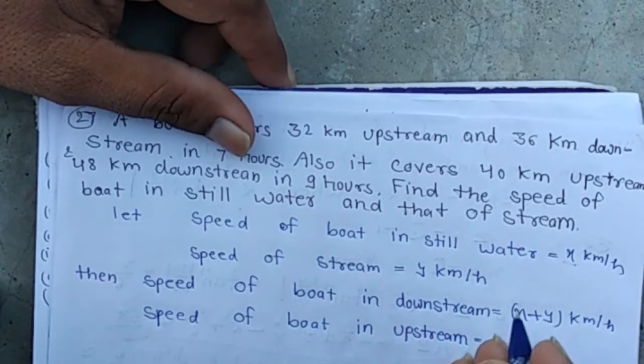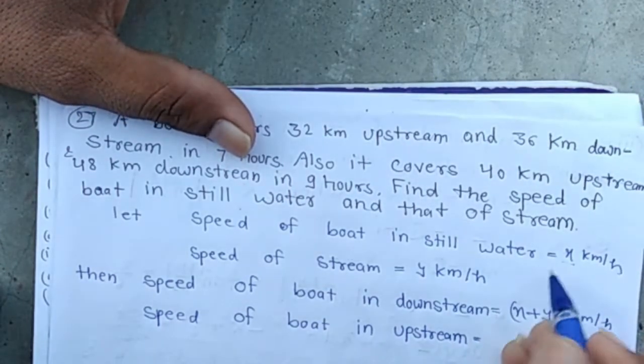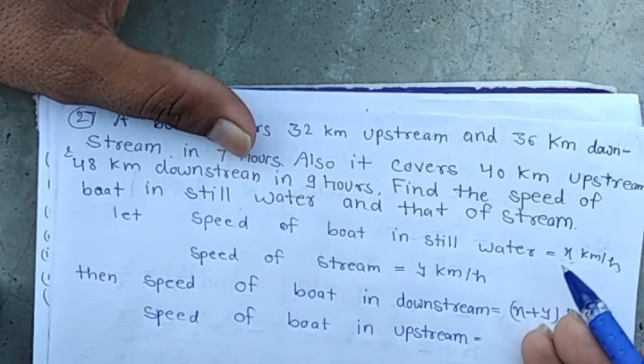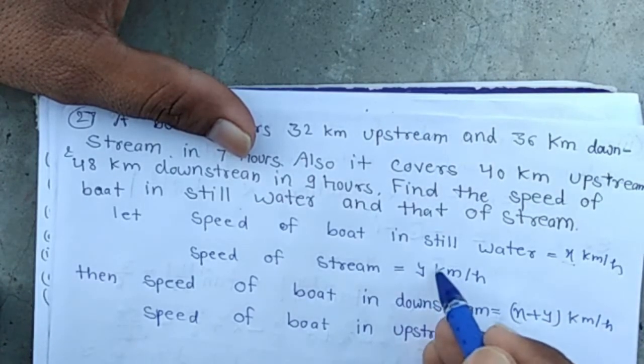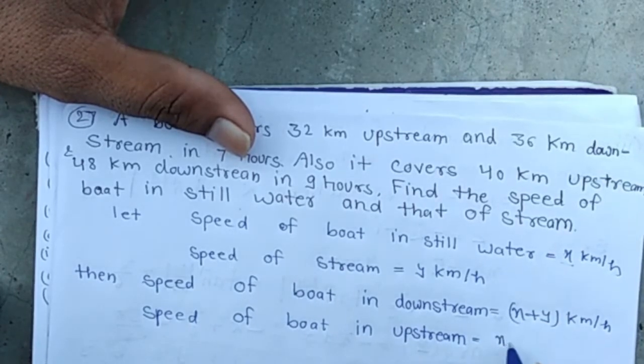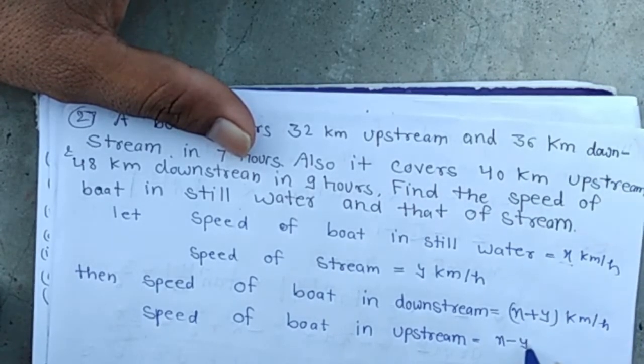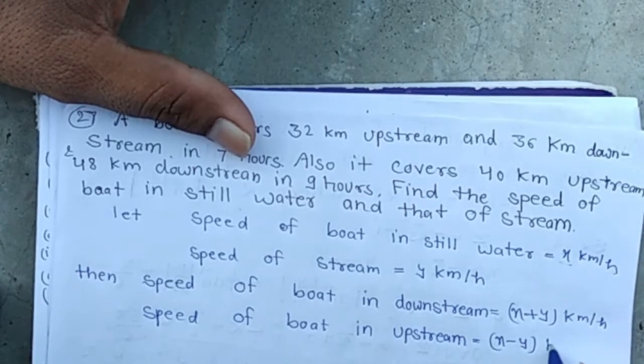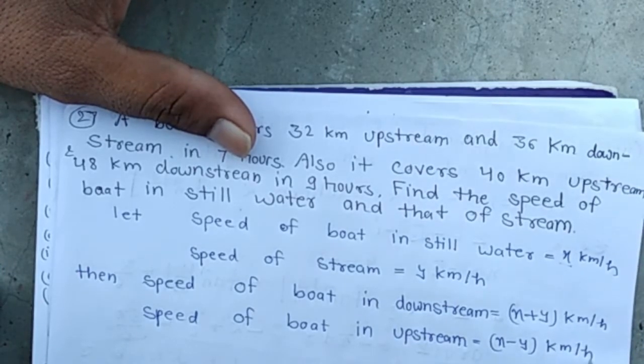For the speed of the boat in upstream, we simply subtract the speed of the stream from the speed of the boat in still water. Means the speed of the boat in upstream is x minus y kilometer per hour.